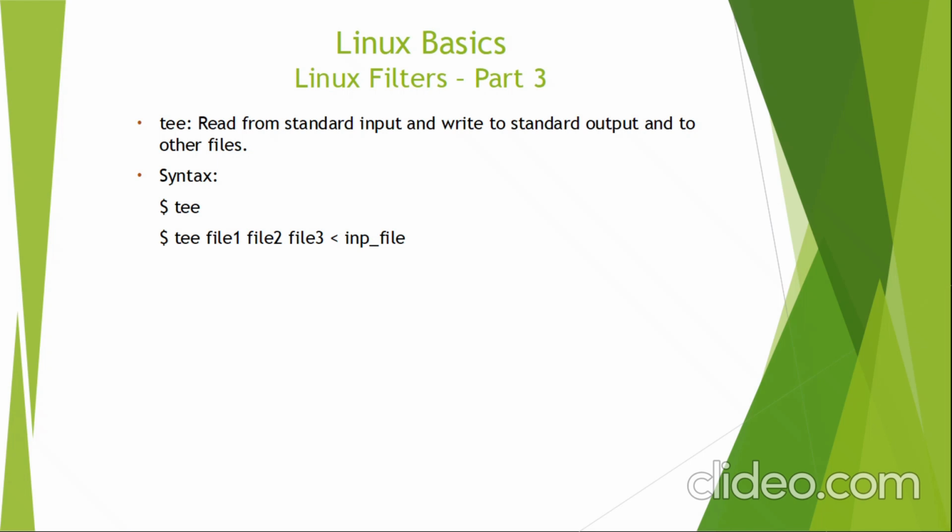But as far as T is concerned, if you are specifying file names as arguments, then T would write to those files. With any other command, if you are specifying file names as arguments, then those commands would read from those files. Those commands would open those files in read mode. But T is different in this aspect. T will write to the files which are specified as arguments.